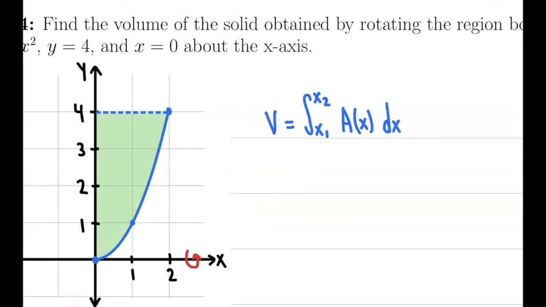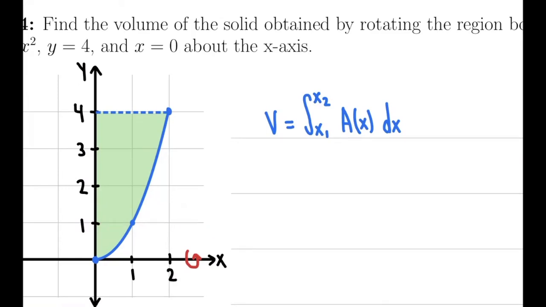If you're rotating about y equals 1, it has y in it, but it's horizontal, so you still have to do it as a dx integral. If you have a horizontal axis of revolution, then you're going to have everything in terms of x for the integral. If you have a vertical axis of revolution, you're going to have everything in terms of y. Knowing which way to do it and how to set it up is always the hard part.